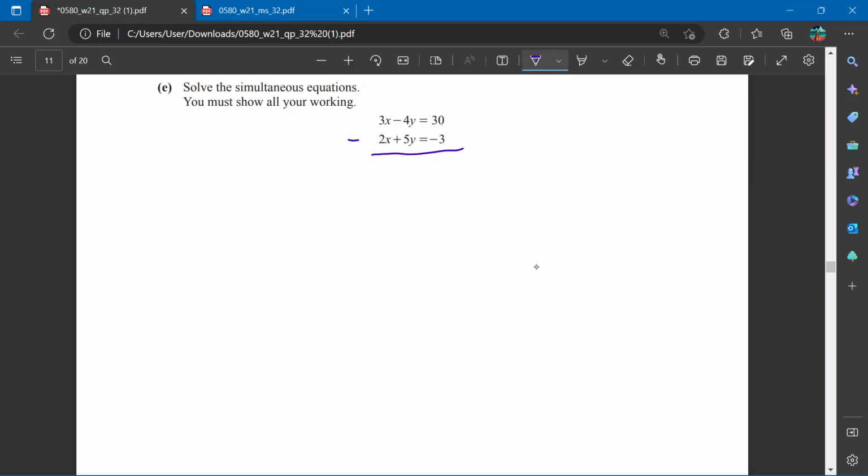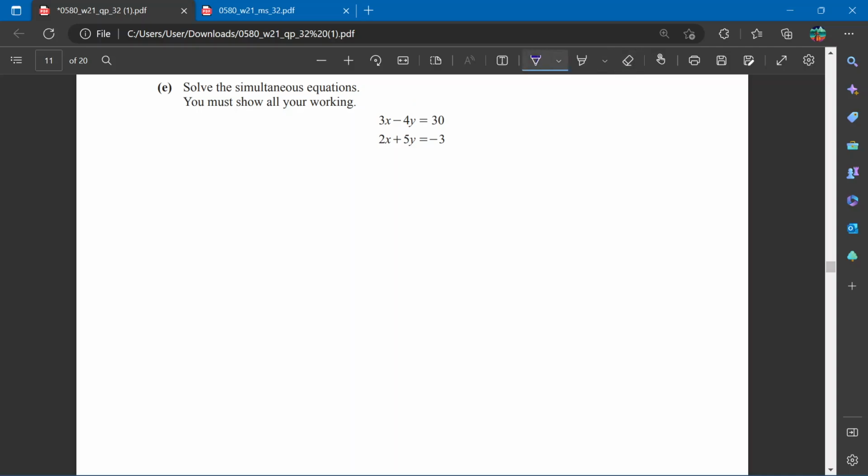Problem here though is if we add or subtract, the x's, we will not eliminate it because they're not the same. Same with the y's, they're not the same. So the first step would be to try and get the number in front of the x or the number in front of the y correct. So there's two ways of doing this, and I'll do both. Okay, one after the other.